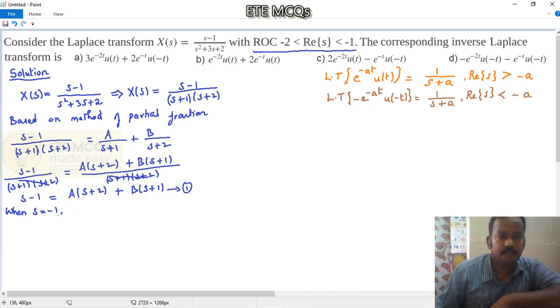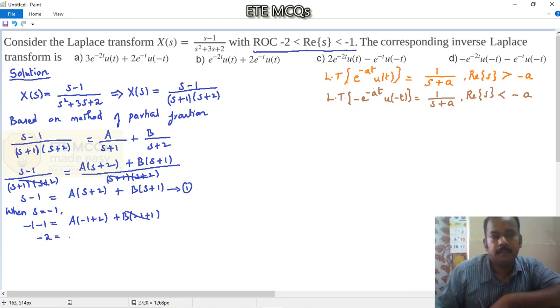When I substitute s equal to minus 1 in 1, I get minus 2 is equal to A into (minus 1 plus 2) plus B into (minus 1 plus 1). So this becomes 0. So you have minus 2 is equal to A, which means A is minus 2.